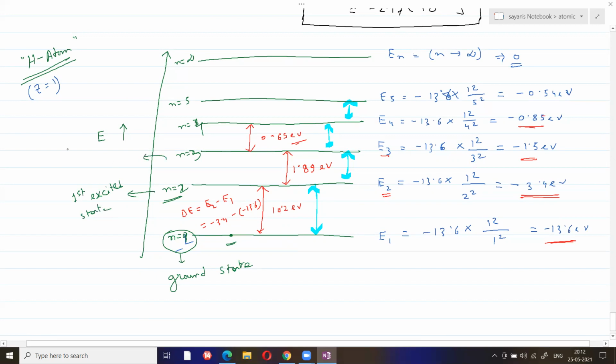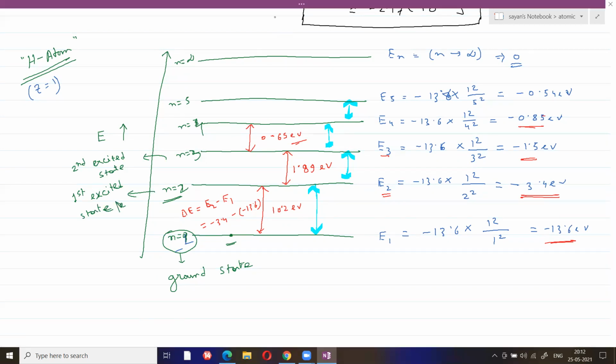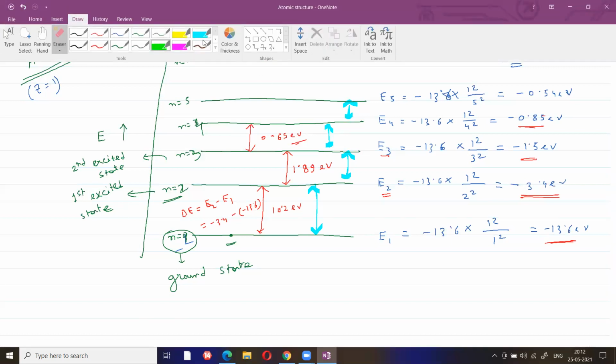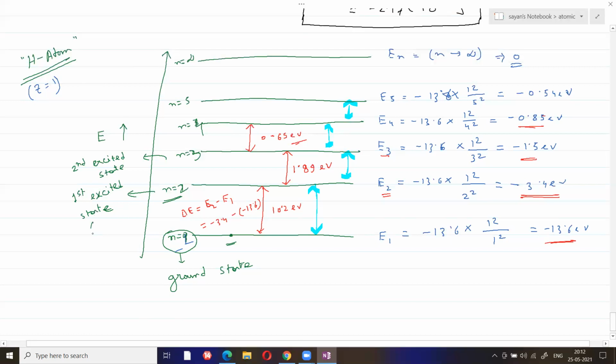Similarly, this one is called the second excited state. Excited state, in short, we can write as ES.